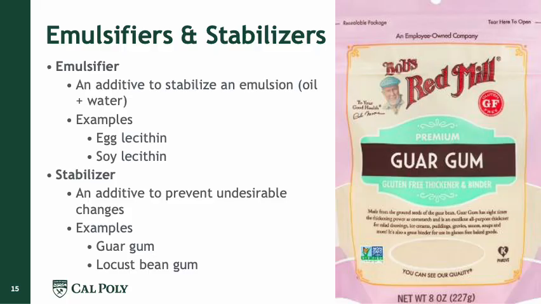The water that we see on top of yogurts is an undesirable change in the product. So some stabilizers are carbohydrates like guar gum or locust bean gum, which help the product be kept in the shape and the form or the mixture that we expect, and to avoid phase separation.